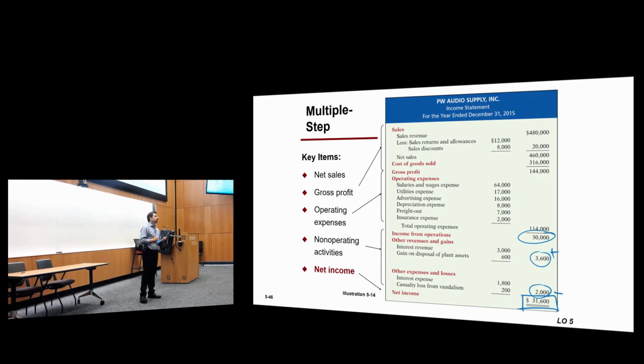So usually when financial analysts, investors, creditors, etc. analyze a company's income statement, they pay more attention to income from operations than to the other items. Why? Because this is the amount that is expected to be recurring, because it comes from the sales of the company.